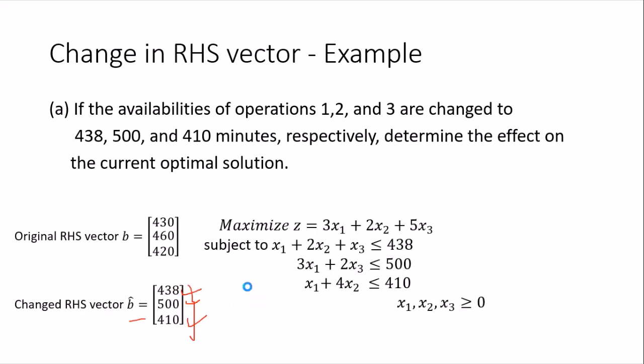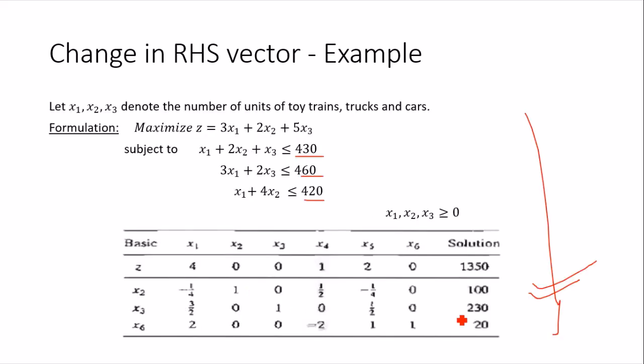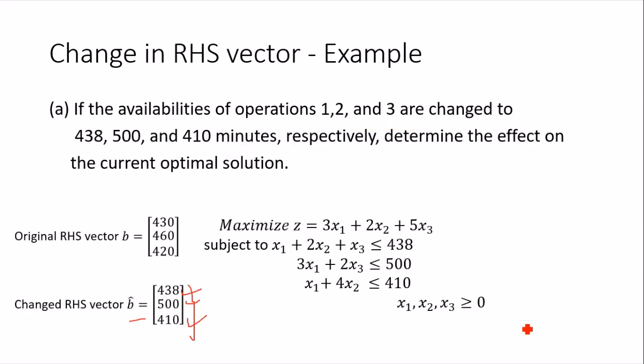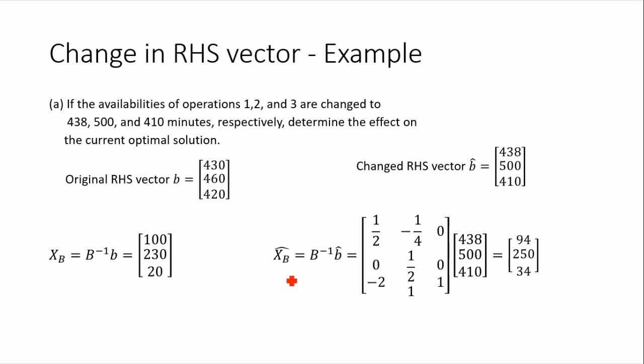If you look at the optimal table which was given to you, this was the solution: 100, 230 and 20. Here we have not done the computation, I have just shown you for reference that this information is already with us. With small b you were getting this xB, so what xB will you get with b hat? That new solution I am denoting with xB hat.